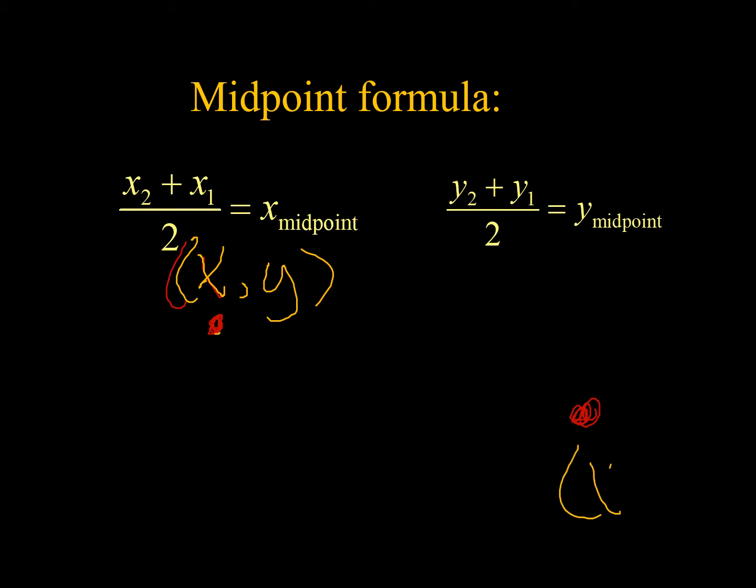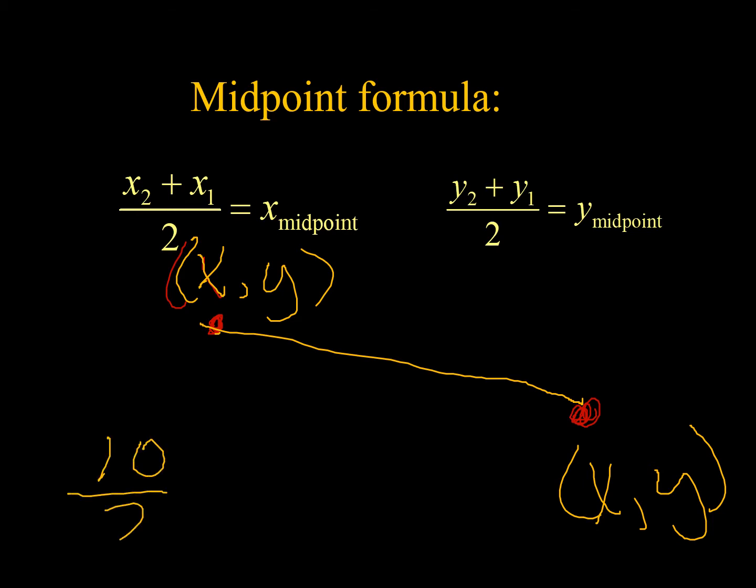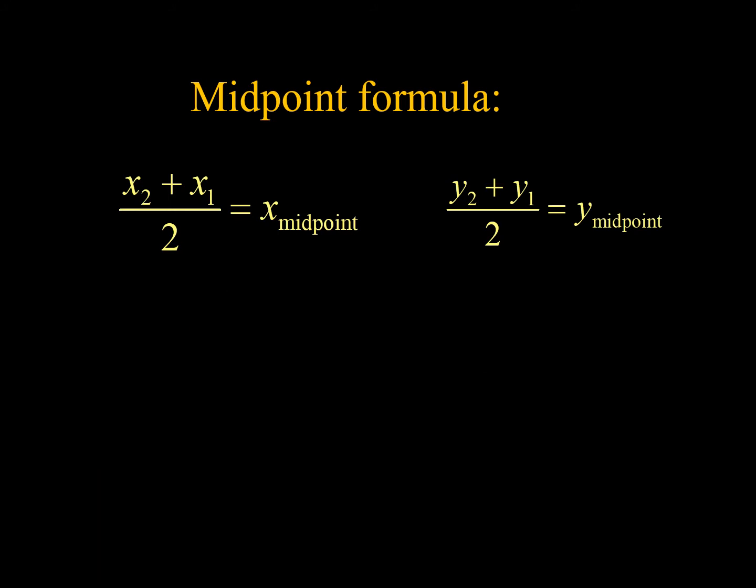And then you've got another x and a y ordered pair down here. So we want to find halfway between them. If the x's had, let's say, a space of 10 all the way between them, then halfway would be 10 divided by 2. So you're going to put your x's together, add them up, and divide by 2, and then put the y's together and divide by 2. So midpoint is halfway, so always think of it as half. And that's the one you're going to be dividing by 2.